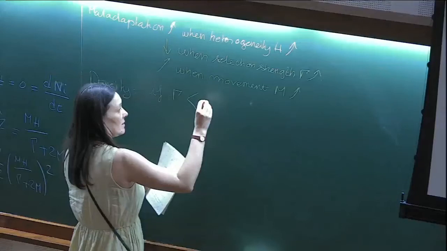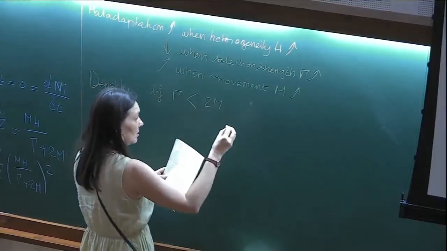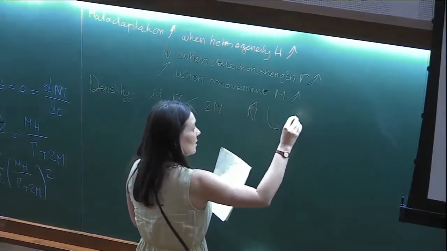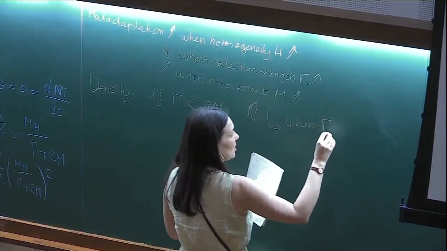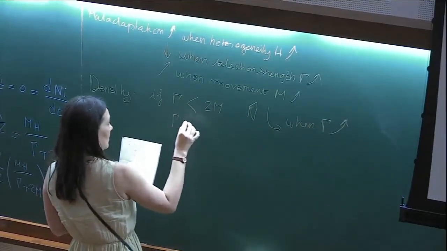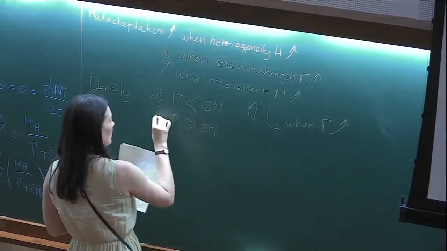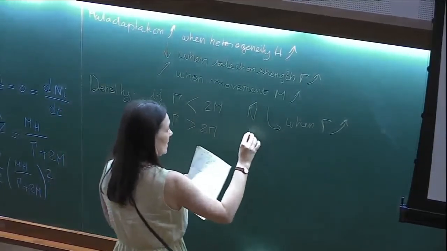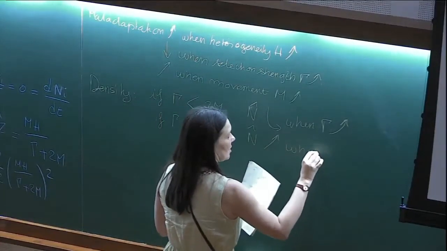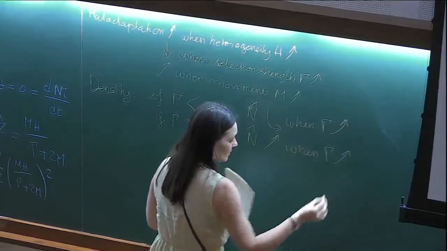What happens is that if the strength of selection is weak compared to migration, then the population size at equilibrium decreases when the strength of selection increases. And it's just the reverse: if selection is strong compared to migration, then population size will increase when the strength of selection increases.